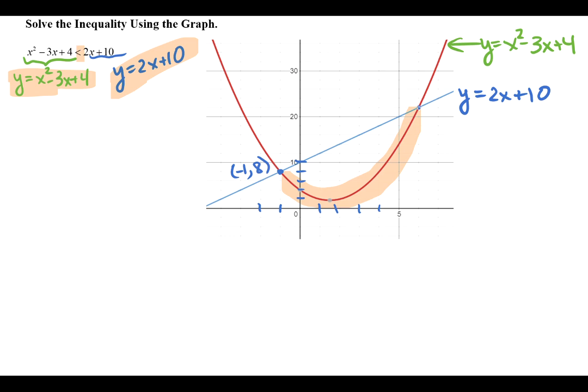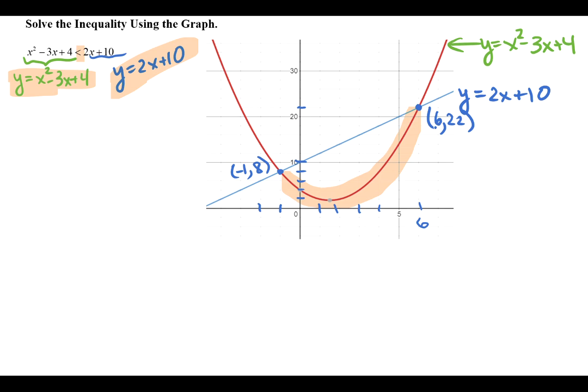This point here, where they cross on the right, would be at, let's say, 6, because we're 1 past the 5 on the x-axis, and on the y-axis we're 1 tick above, but remember the ticks represent 2, so that would be 22. So our x values of the intersection are -1 and 6.